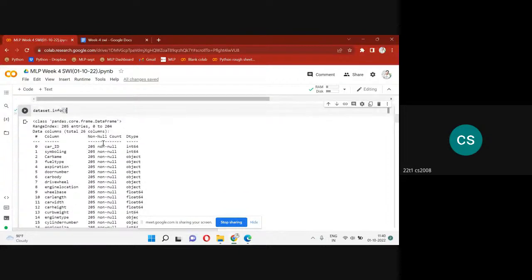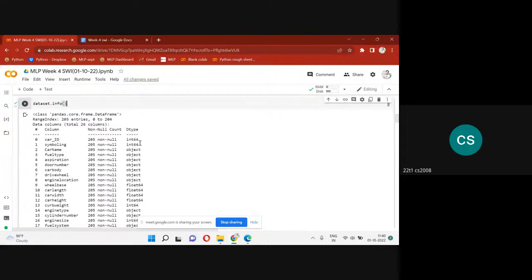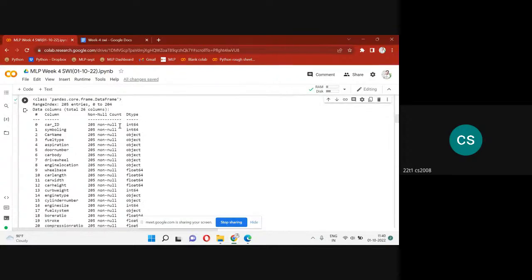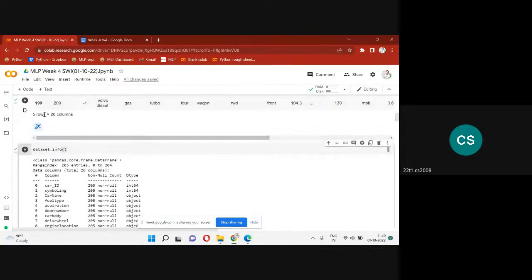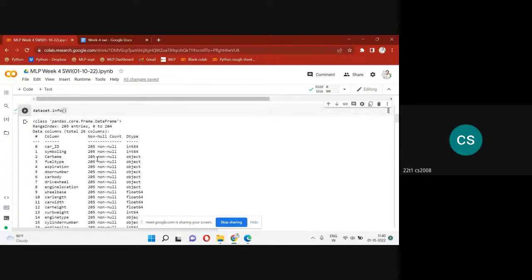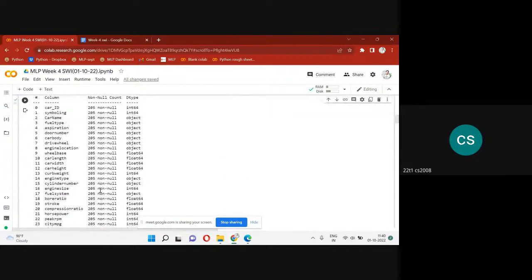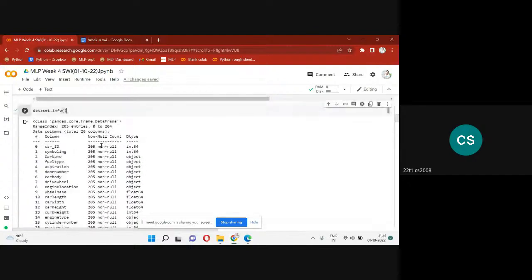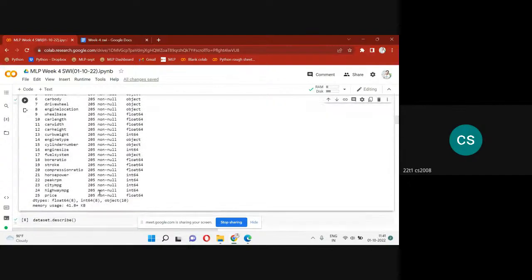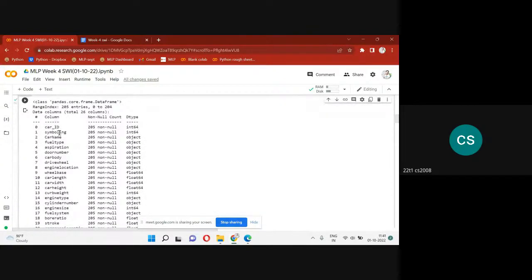It will give you the type of data in each column. We know that we have 205 samples, and all columns say 205 non-null values are there. So from here also we get the idea that we don't have any null values in any columns.